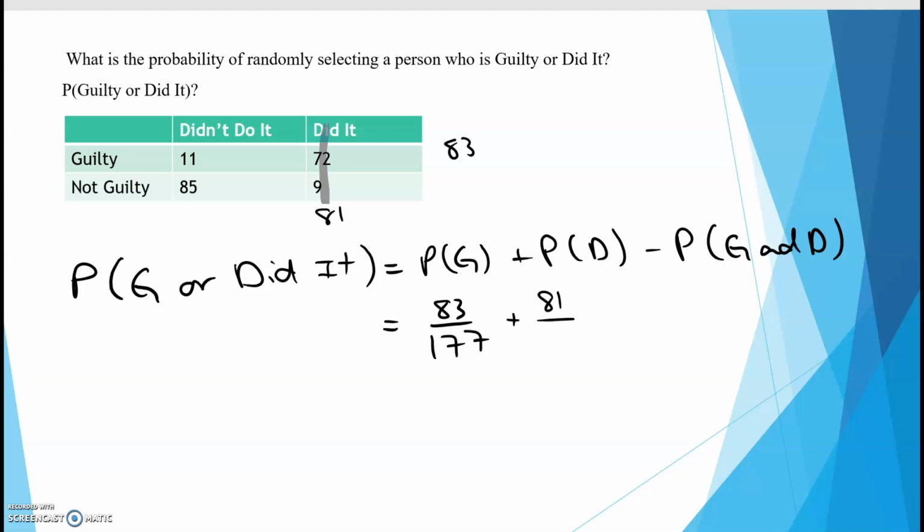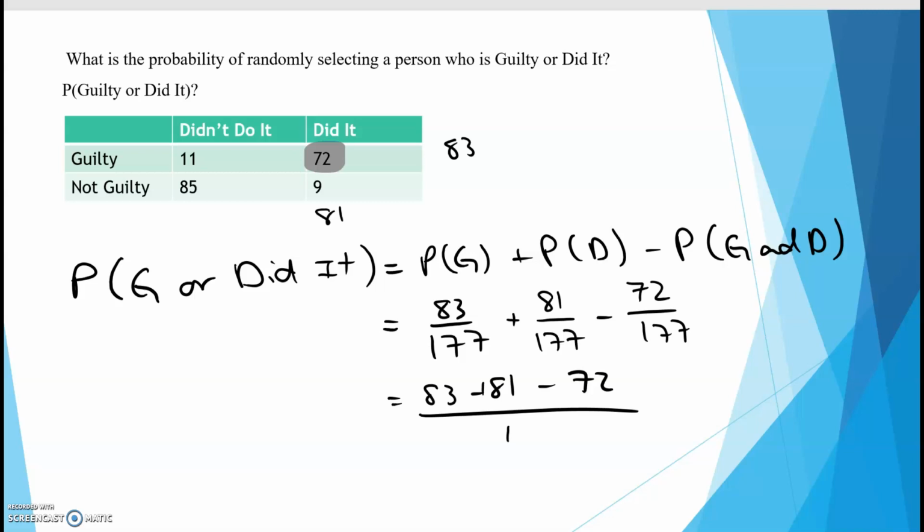So 81 over 177 minus how many people were guilty and did the crime? How many people are both of those at once? So right here, 72 out of 177. So you've got 83 plus 81 minus 72 all over 177. So that should give us 92 over 177.